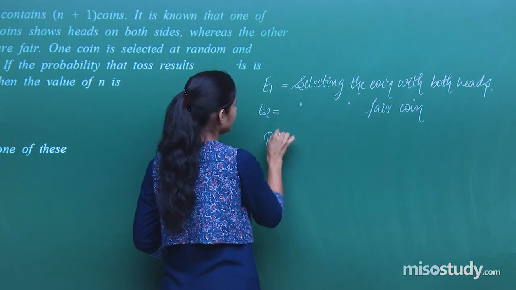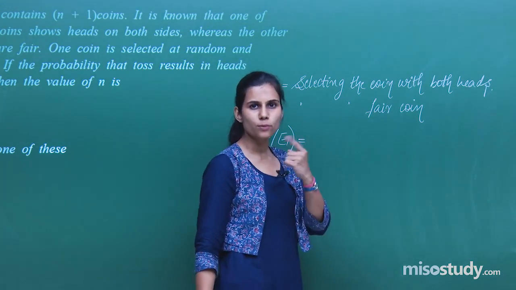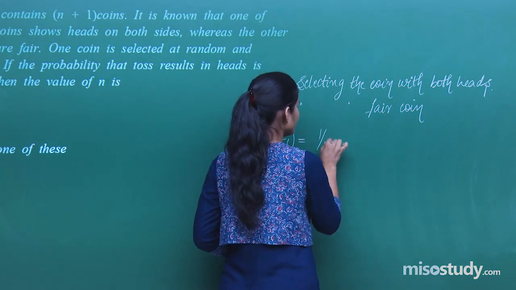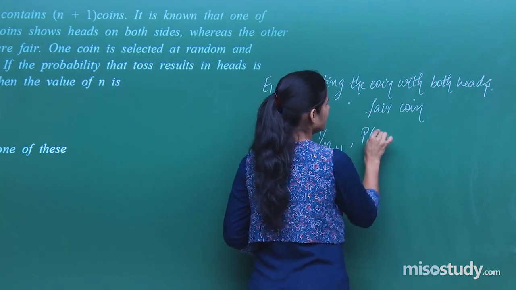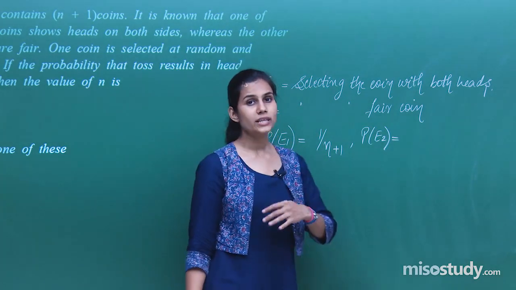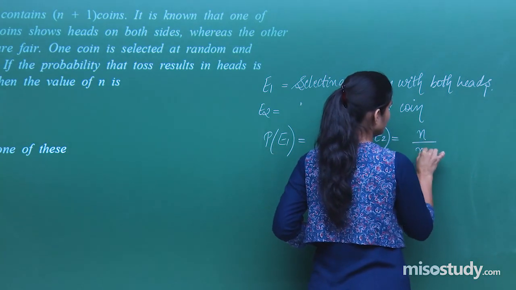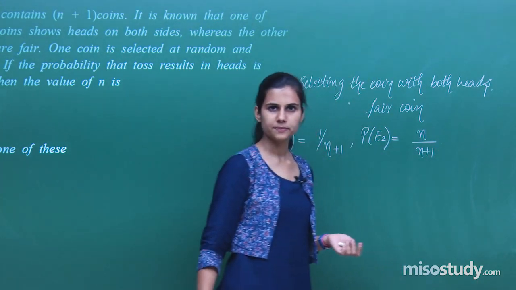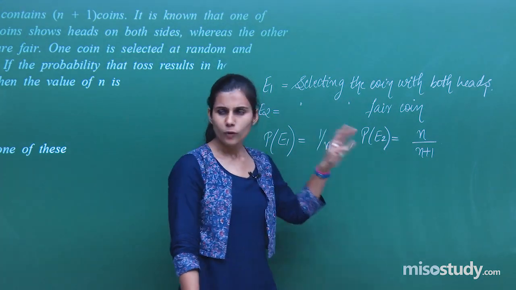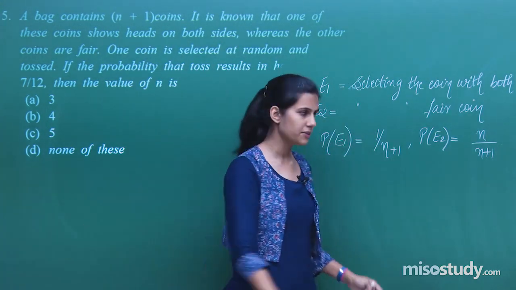What is the probability of event E1 taking place? There is only one coin which has both sides heads written, and there are n plus 1 in total coins. So probability of E1 will be 1 by n plus 1. Similarly, probability of E2 will be what? Out of the n plus 1 coins, n coins are fair coins and total number of coins is n plus 1. So n by n plus 1. Understood?